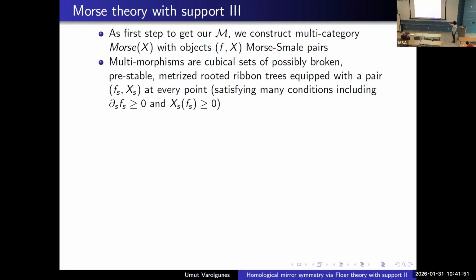Multimorphisms are cubical sets of, again, possibly broken, this time it doesn't have to be stable, pre-stable, metrized, rooted ribbon trees equipped with a pair Fs, Xs at every point of the tree. And again, there are conditions, but the one that I want to highlight is this monotonicity condition. This is needed to make the maps you get valuation non-decreasing, so continuous.